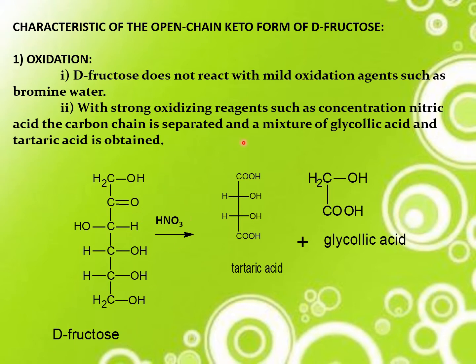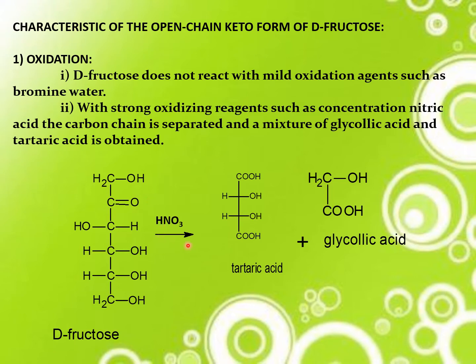With strong oxidizing reagents such as concentrated nitric acid, the carbon chain is split and a mixture of glycolic acid and tartaric acid is obtained. Now we will see the reaction. This is the structure of D-fructose and it contains 5 OH groups and a keto group at the carbon 2 position.